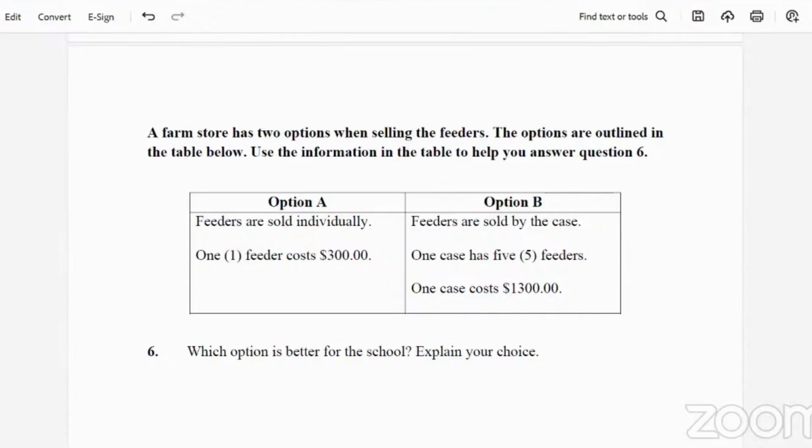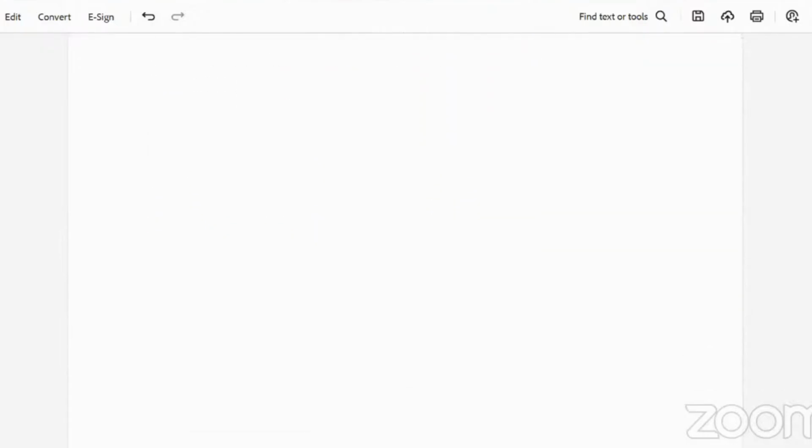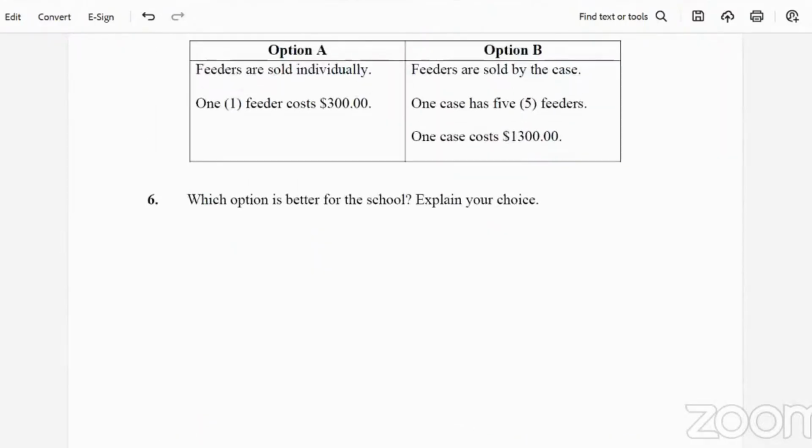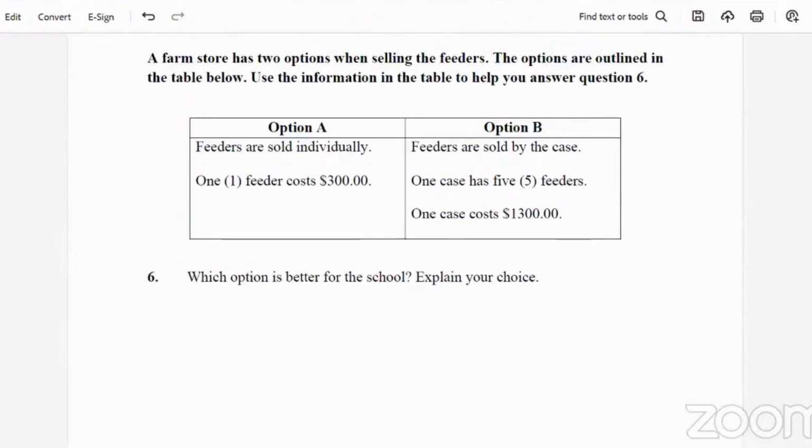One case has 5 feeders, and one case costs $1,300. Which option is better for the school? Explain your choice. And I think after this question is the end of the paper, okay? So quite enough time for you guys to figure out what the answers should have been.